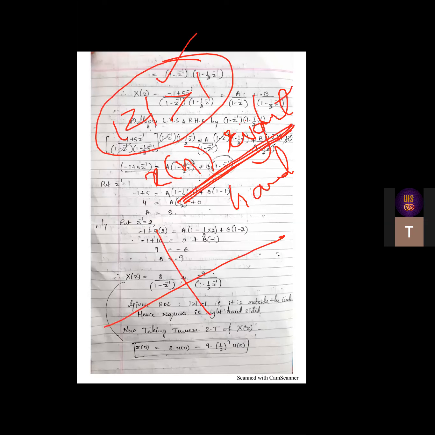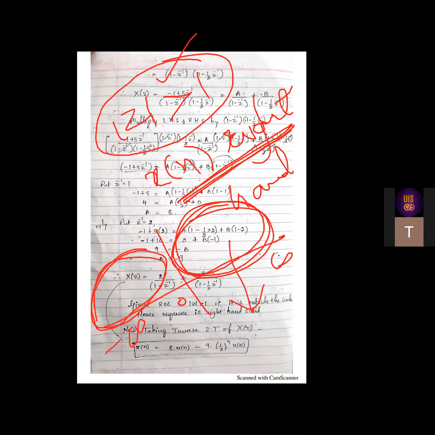Here is 0, infinity, minus infinity. Here the signal X of n lies, right-handed. If it was left-handed, the signal would lie here. And remember, even in previous problems, when we went for X of z calculation, whenever a right-handed signal was there, you multiplied with u of n. That's why the summation was from 0 to infinity.